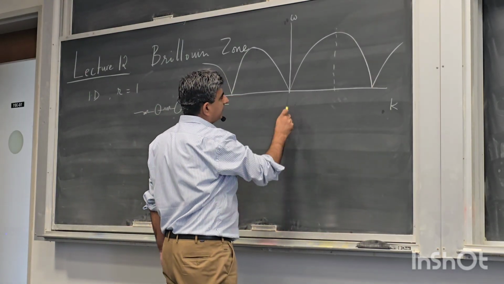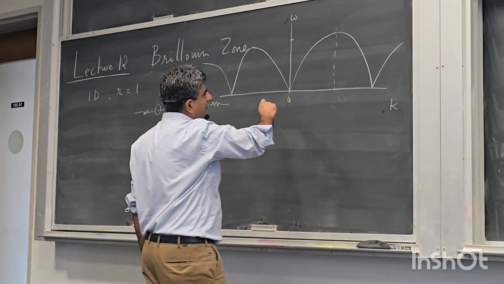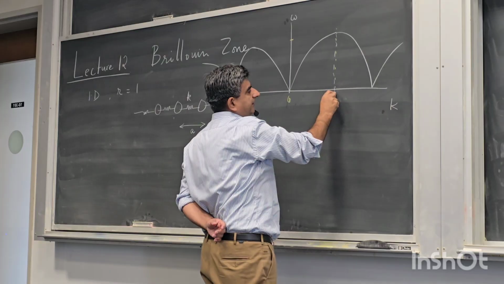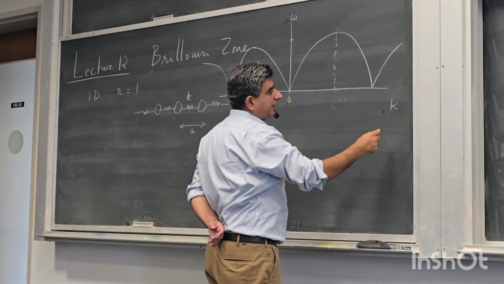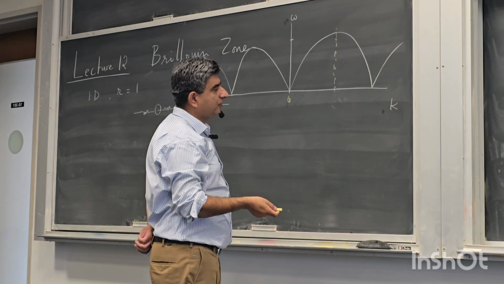It starts off at 0, it goes to some maximum value which is proportional to the square root of k over m. This point is, if my k or q, I had used q in the previous lecture, so let's stick to k from this point onwards.